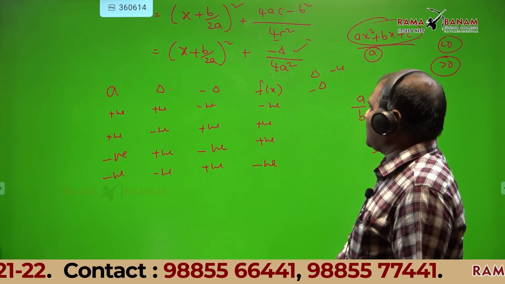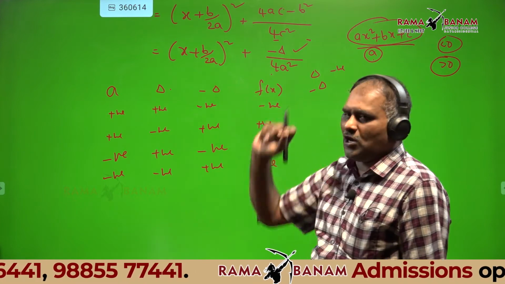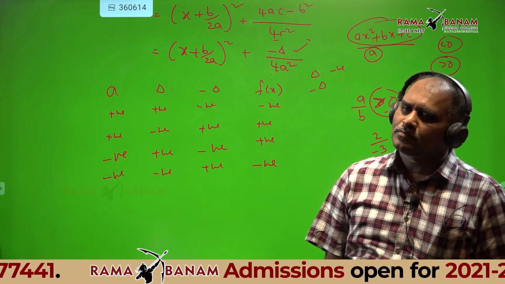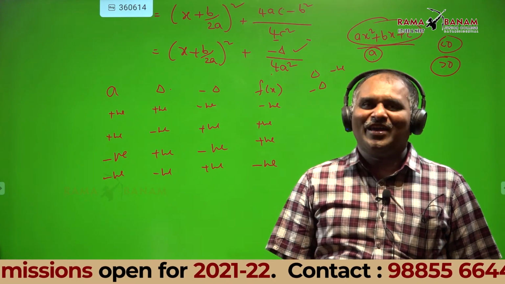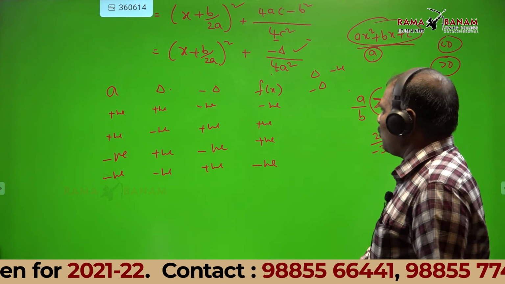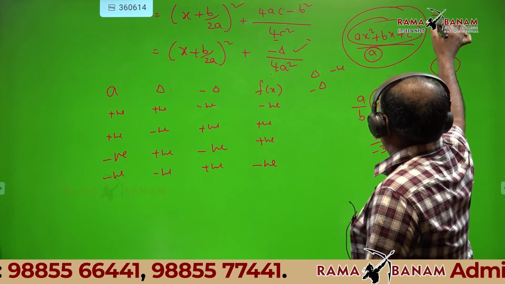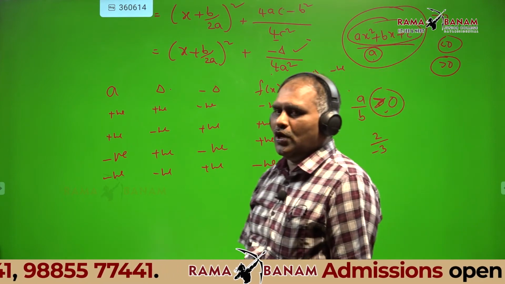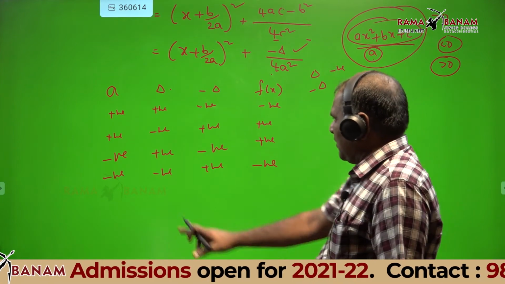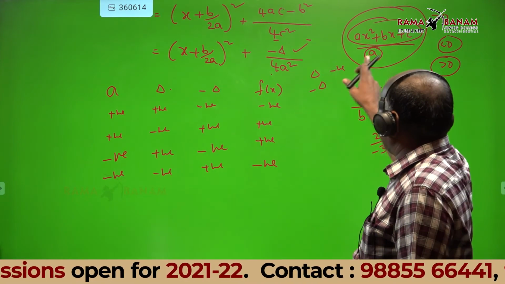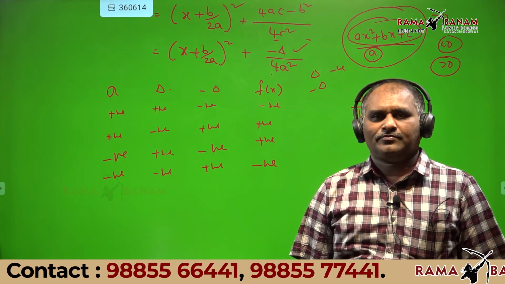Minus delta is positive. What is positive plus positive? Positive, sir. 2 plus 3, what is the value? 5, positive. Therefore, the total fraction should be positive. Total fraction is positive, but here listen. A value negative, denominator negative. What about the numerator?